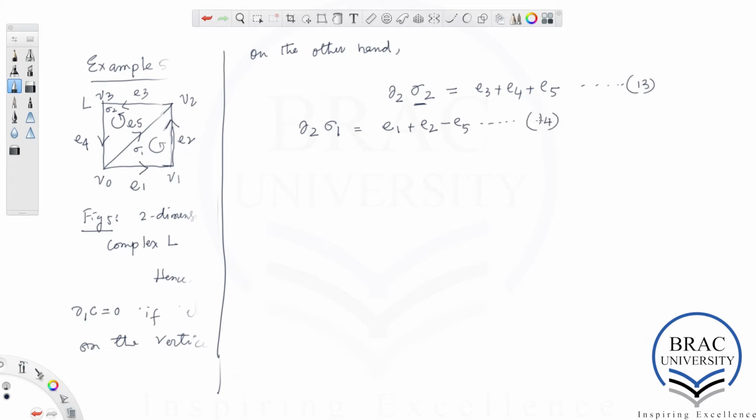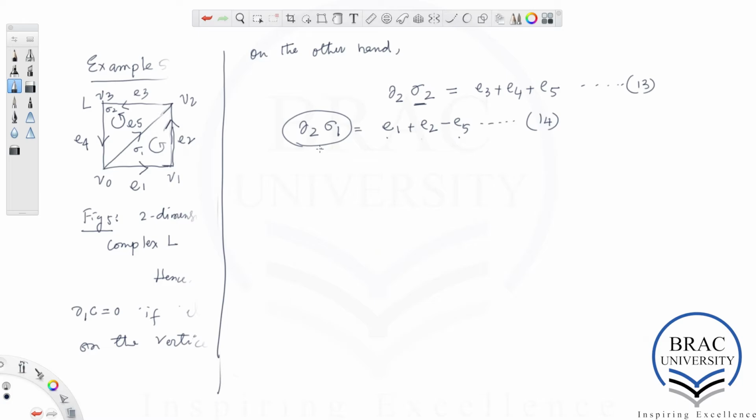Equation 14 tells us that when you act the boundary operator on this 2 chain, you get a 1 chain. It means that the value of this 1 chain on the edge E1 is 1. The value on the edge E2 is also 1. The value on the edge E5 is minus 1. And the value on the other edges vanish.